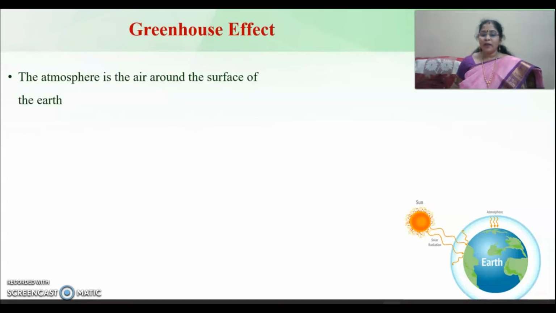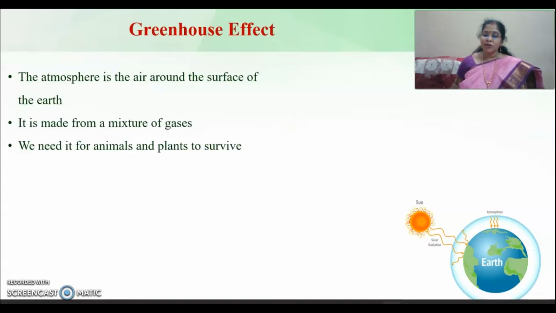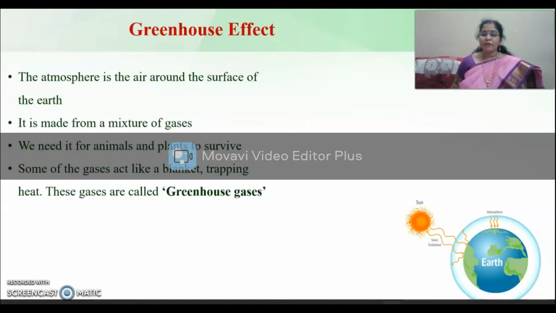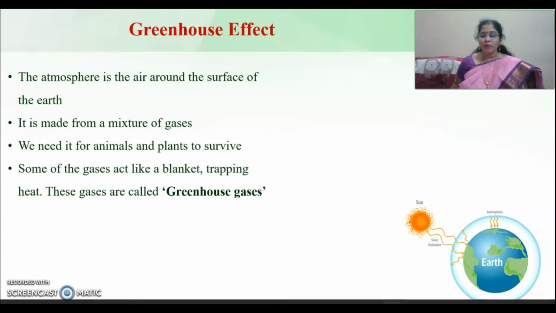The atmosphere, the air around the surface of the earth, is called greenhouse gases, and it is made of a mixture of gases. We need it for the plants as well as the animals to survive because greenhouse gases are the ones which provide the warmth for the Mother Earth. Otherwise, all the living organisms will be frozen.